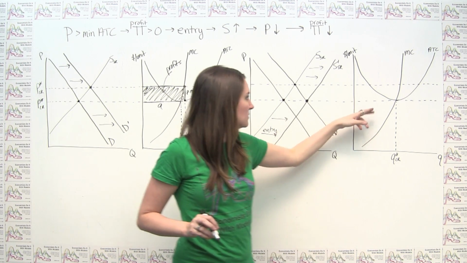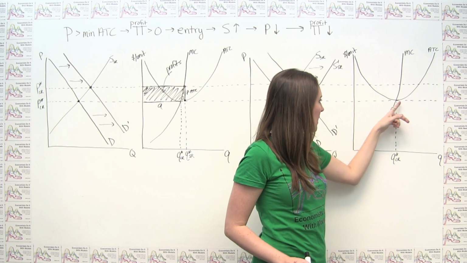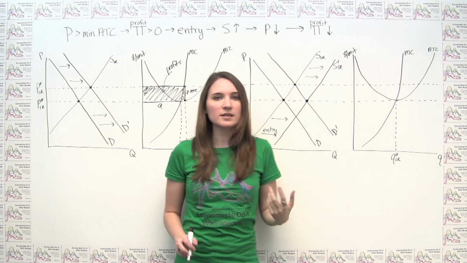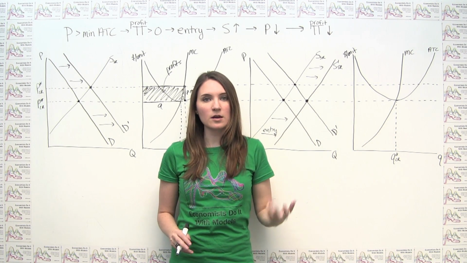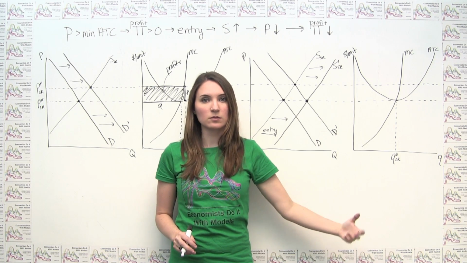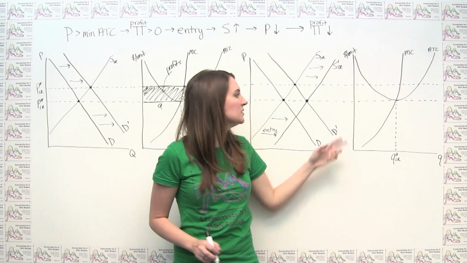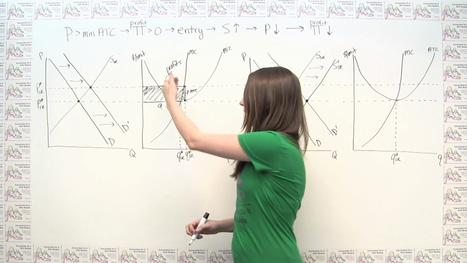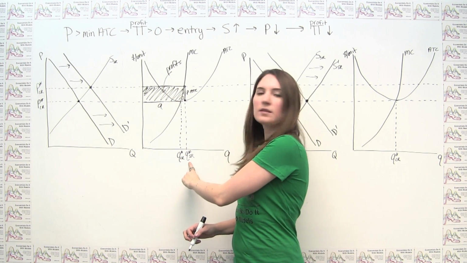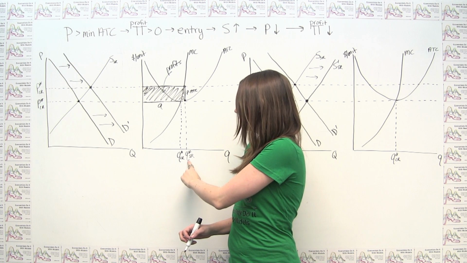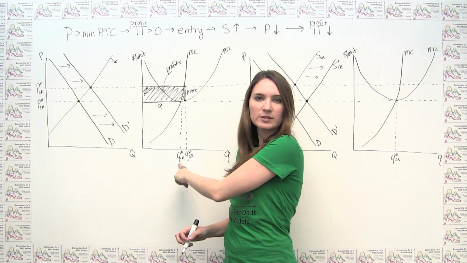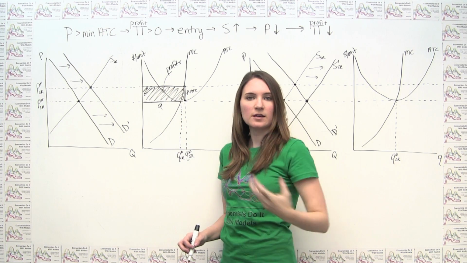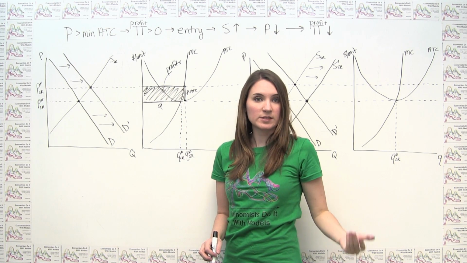Now what we're seeing is that we're actually just coming back to this original point. So that for any individual firm, in the long run, they just come back to what they were doing before. And this is simply because as firms enter, and that drives the price down, the existing firms roll back to their original quantity here. And because of the price decrease, they also roll back to their original profit of zero.